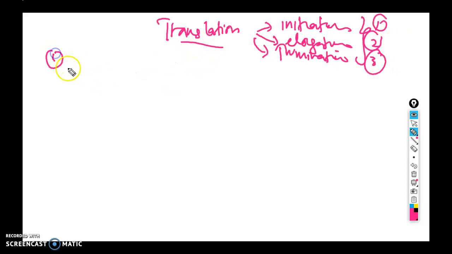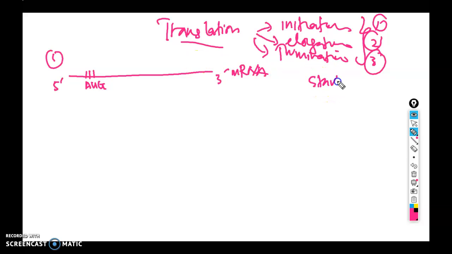Okay, first step is this mRNA strand with the 5 prime and 3 prime ends. This is the start codon AUG. For codons, we have the start codon, AUG, only, 5 prime, 3 prime.